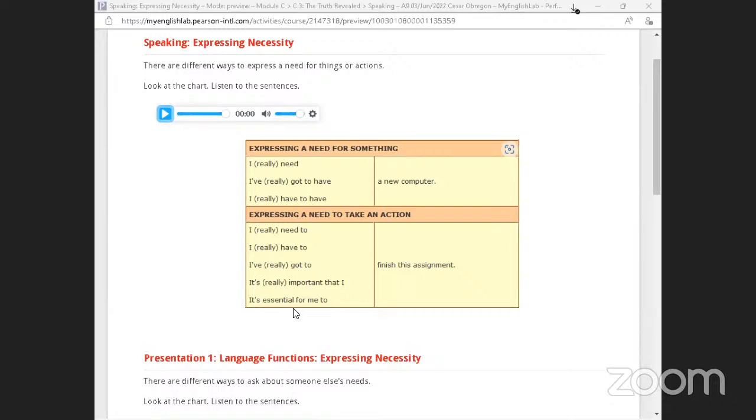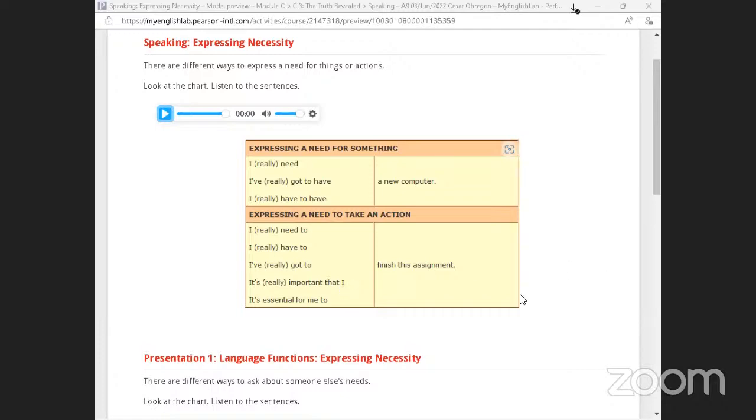It's essential for me to finish this assignment. And also you can say it's important for me. So you can play with this. It's really important for me. Or it's essential for me.